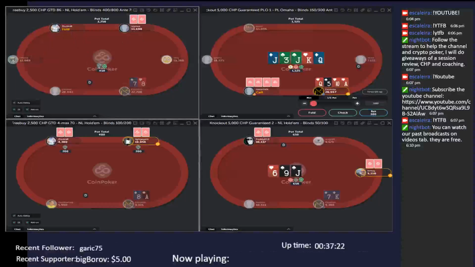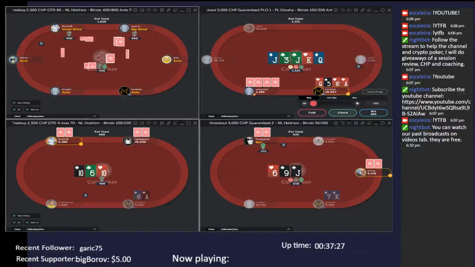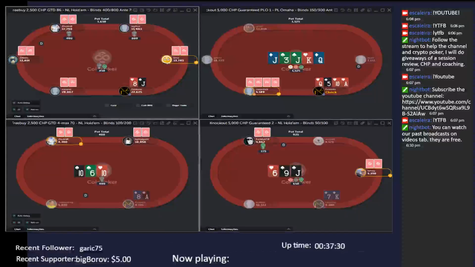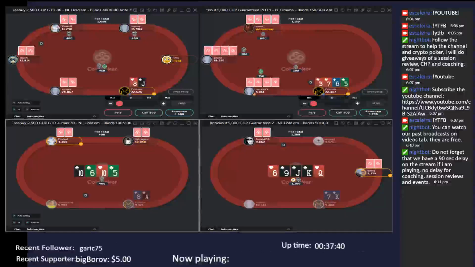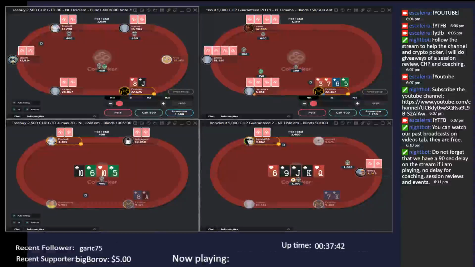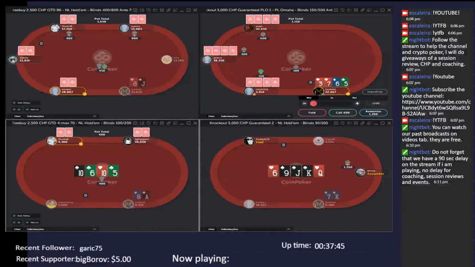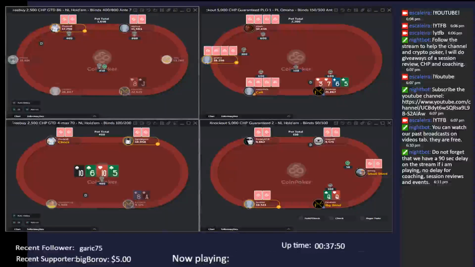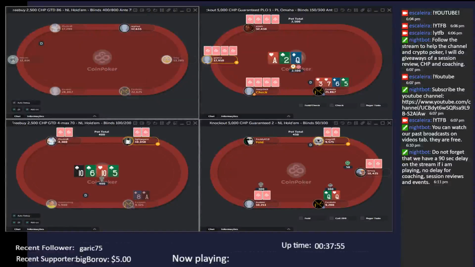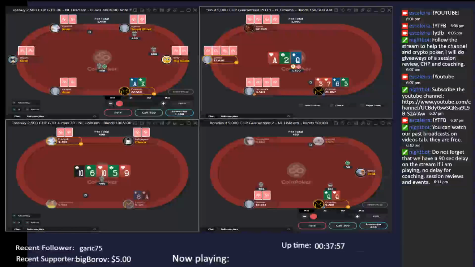We get that open-ended, but we are thinking of making just a check call, because we can make some full houses, and if he made some full houses he would bet pot. So just thinking, and here I'm going to play the low cards. He's raising from under the gun. We are playing four-handed.